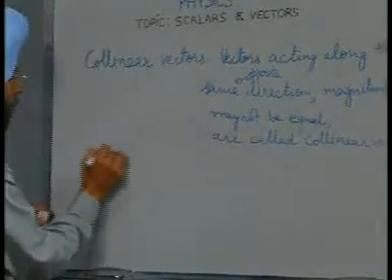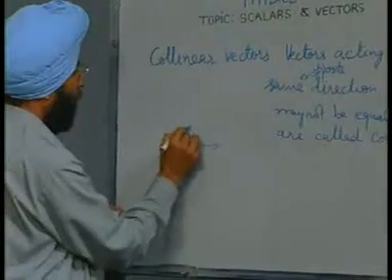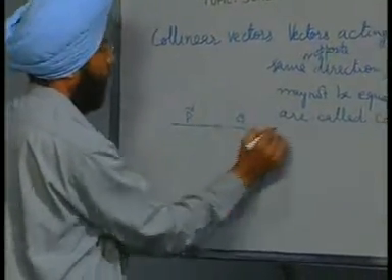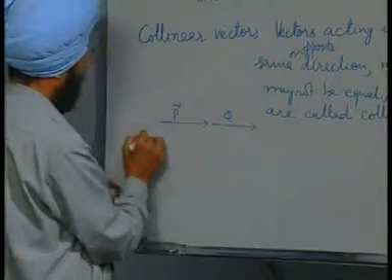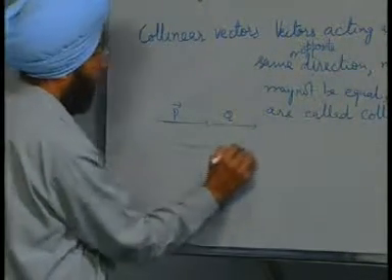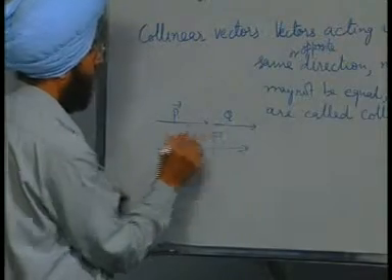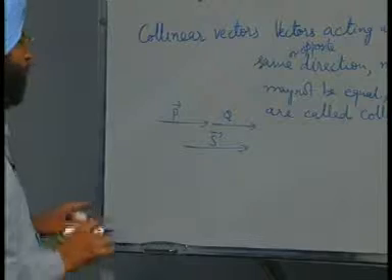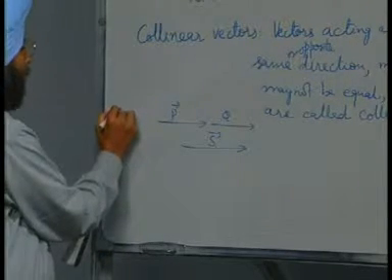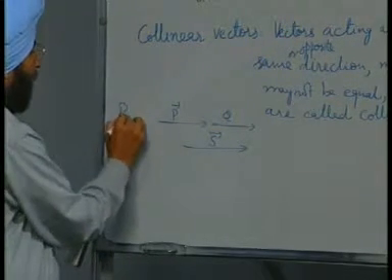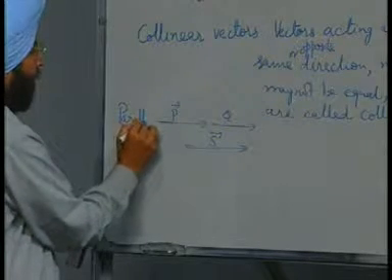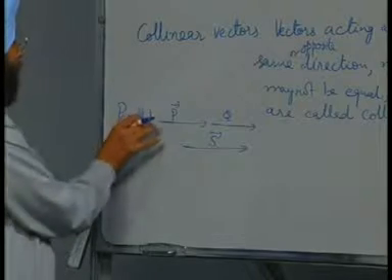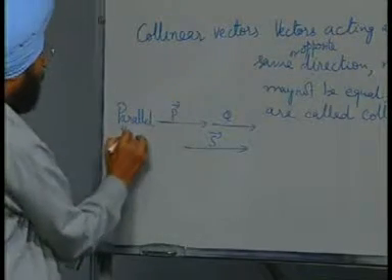Here we have vector P, vector Q, vector S. These are collinear vectors. This kind of vectors that are in the same direction, pointing in the same direction, are parallel collinear vectors.